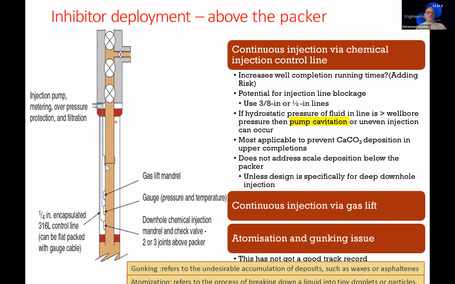So how can we do it if we consider pumping above the packer? We have to design in the proper way and remove any restriction inside the wellbore, for example, injection line blockage.